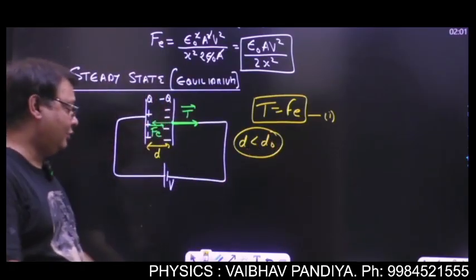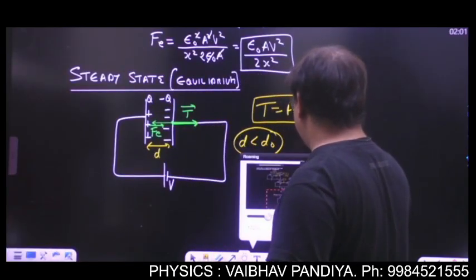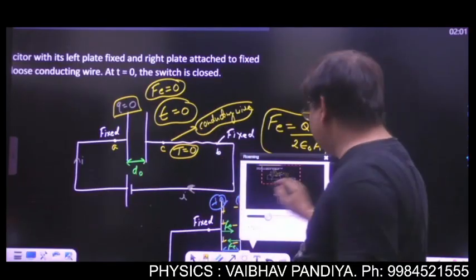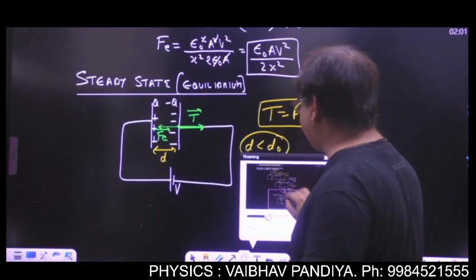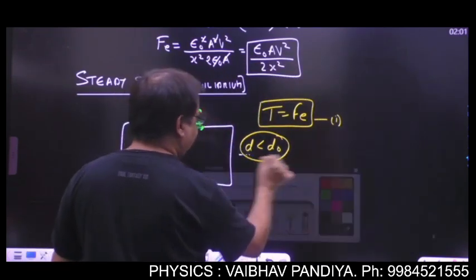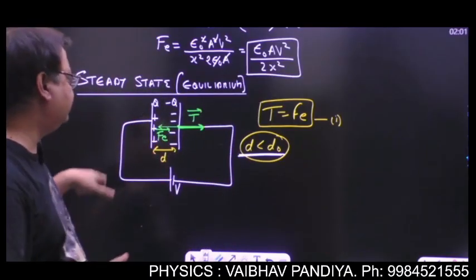What was d naught? d naught was the distance where the charging begins. The plates are coming closer to each other because of the electrostatic attraction. So at the steady state, when the capacitor gets fully charged, d will be less than d naught because the plates are now a little bit closer.